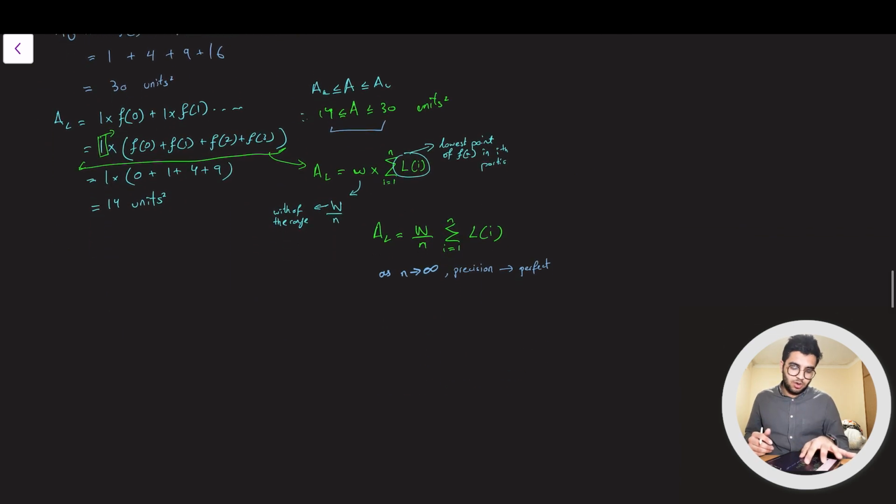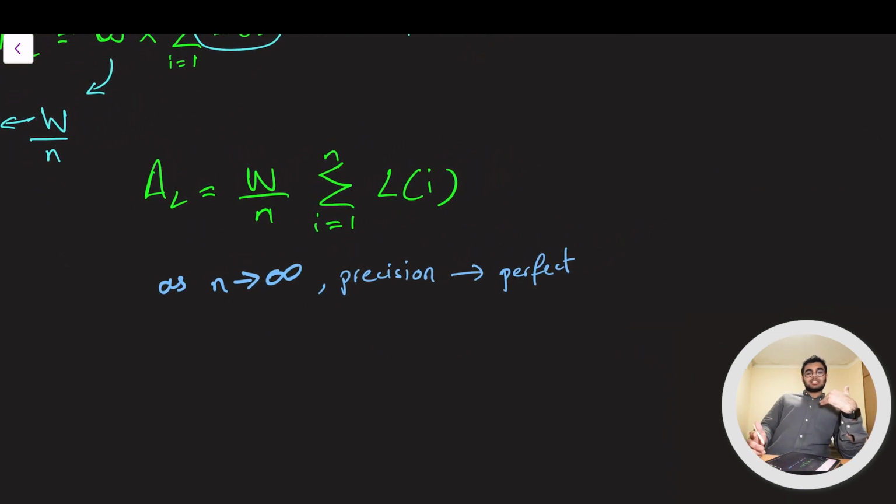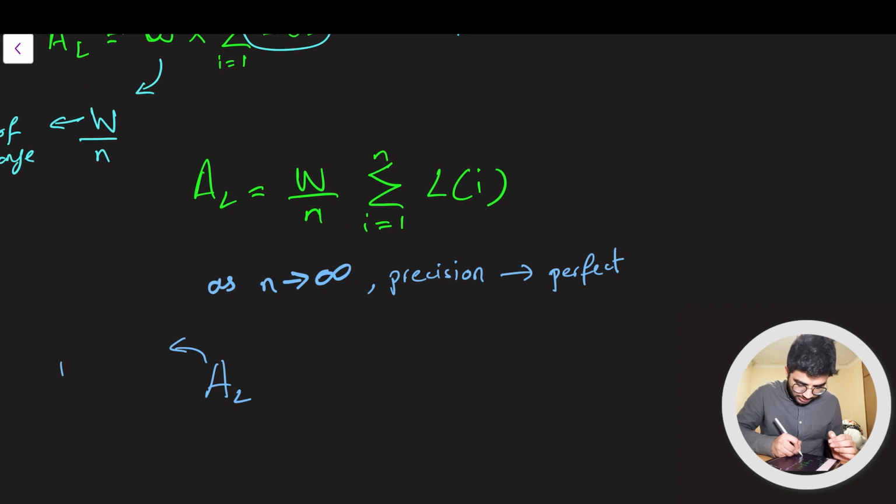And whenever we do this, we're taking steps towards infinity, we are approaching infinity, what would we do? We would use limits, okay? So what I'm saying is this is the perfect AL, so the perfect lower area with no error. This perfect is the limit as n approaches infinity of this thing here.